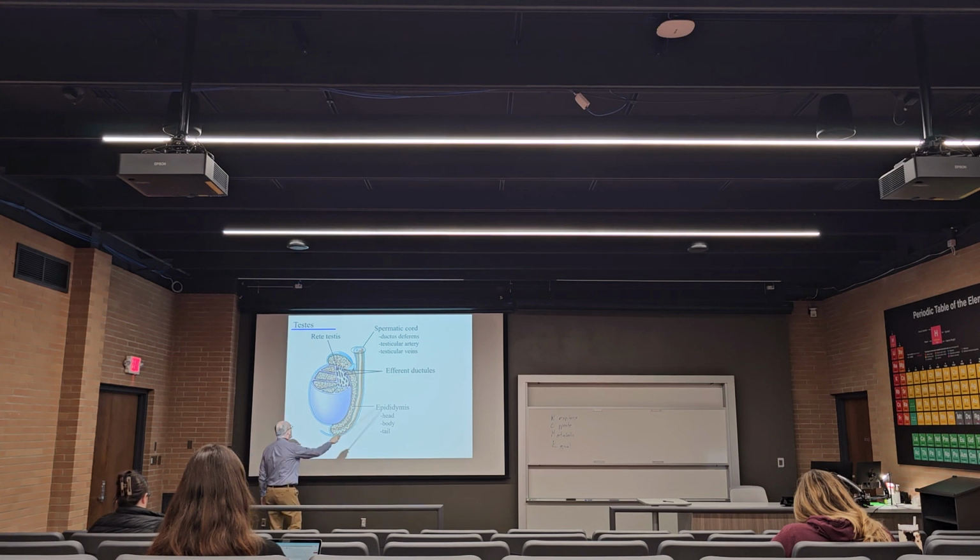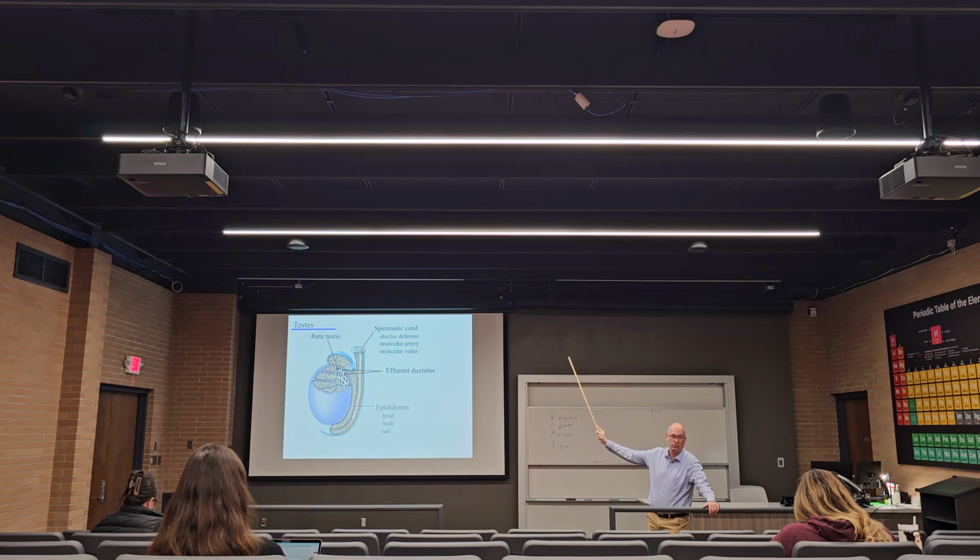Inside that spermatic cord, we have the ductus deferens, the testicular artery, and the testicular veins, along with a bunch of connective tissue holding the whole thing together. So there are a number of tubes running through the spermatic cord: the ductus deferens, carrying the sperm up into the body, the testicular artery carrying the blood to the testes, and the testicular veins draining the blood back out.